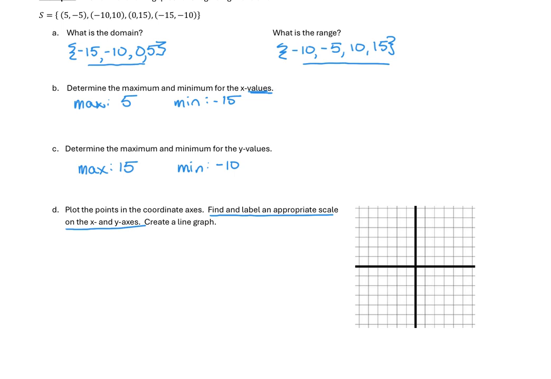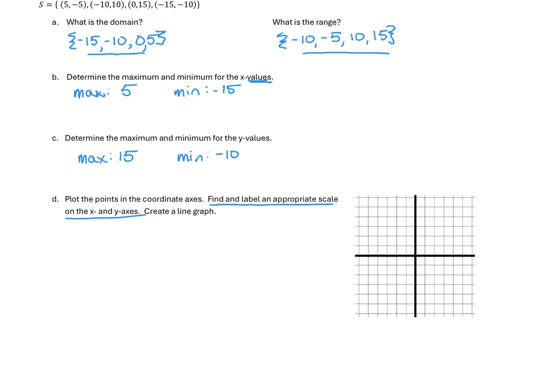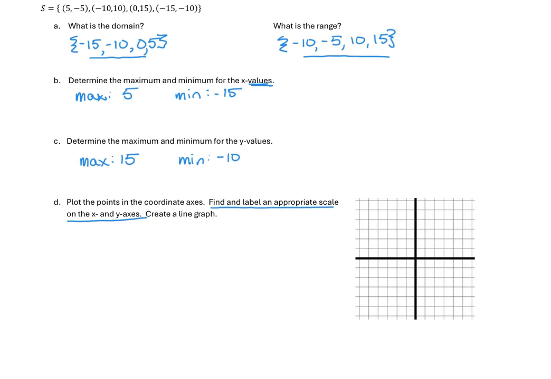Instead of having to write out 15 tick marks on each side, we won't have to do that if we use a scale other than 1. So what we're going to do is I'm going to use a scale of 5. So we have 5, 10, 15. On the other side, we have -5, -10, -15.